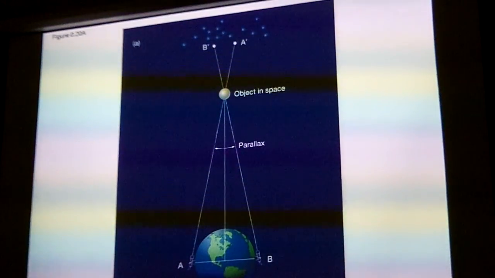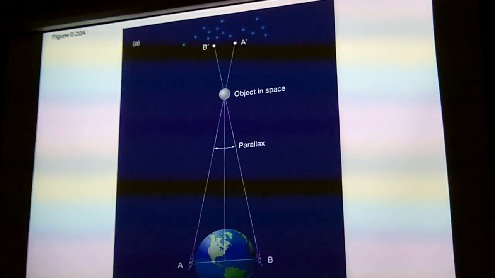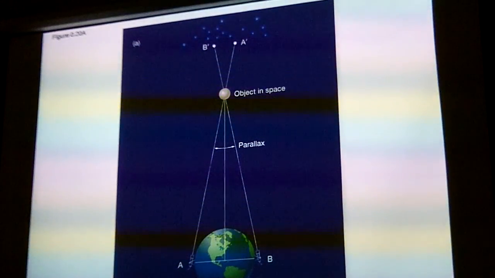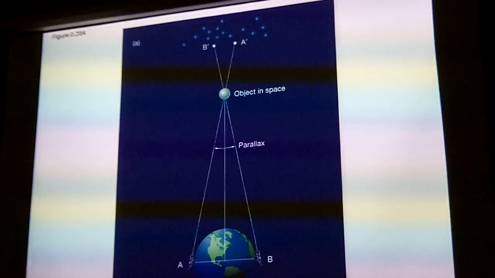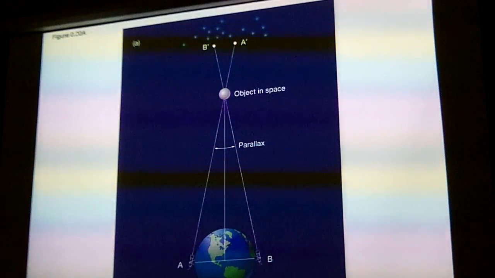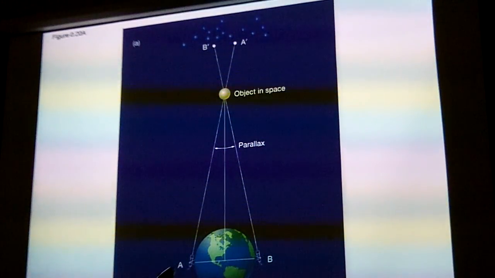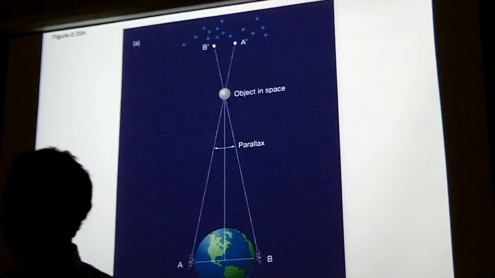You just multiply the distance and then figure out the angle from that? Yeah, but some objects are so far away you actually need to take the pictures from a longer baseline to get any movement at all. You can imagine the further your baseline is, the more different the picture is going to be because you're coming at more of an angle.